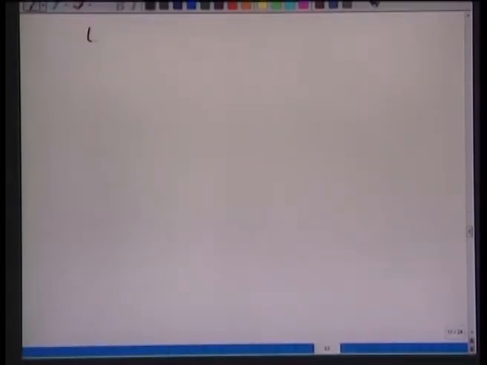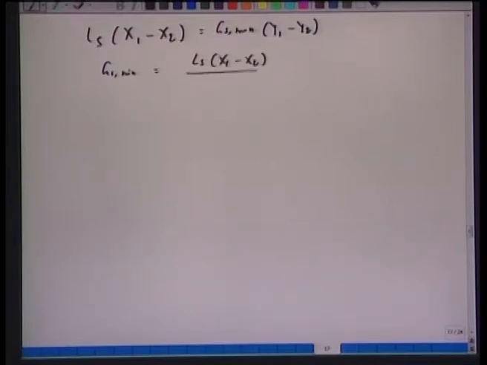We can write down now the operating line equation, which was LS (x1 minus x2) equals GS min (y1 minus y2). Okay, so GS min we can find from here: LS (x1 minus x2) over (y1 minus y2), and LS was fixed at 1.787 times 10 to the power minus 3.